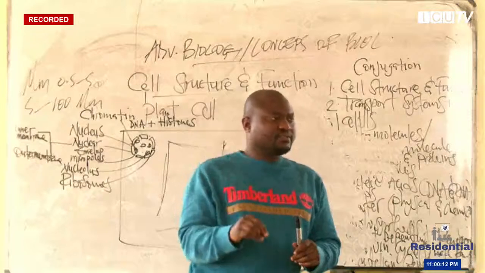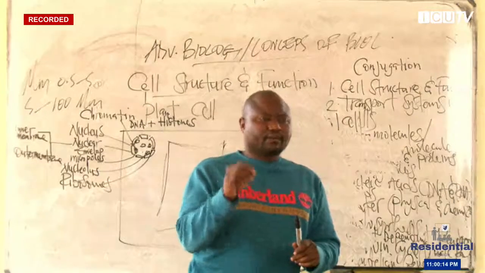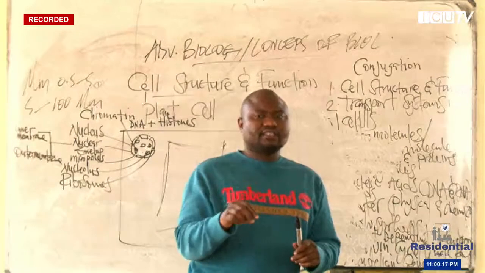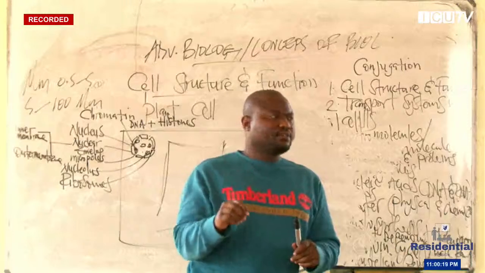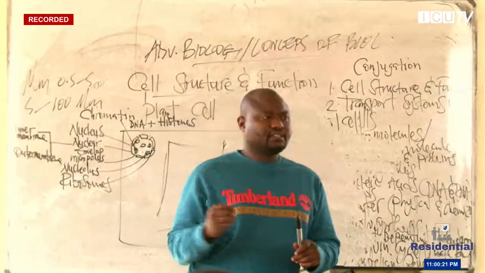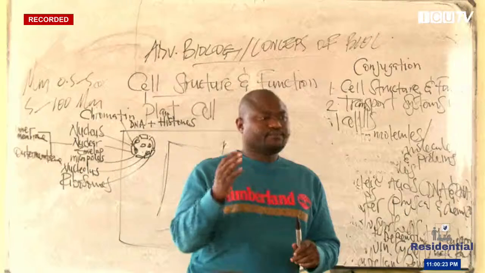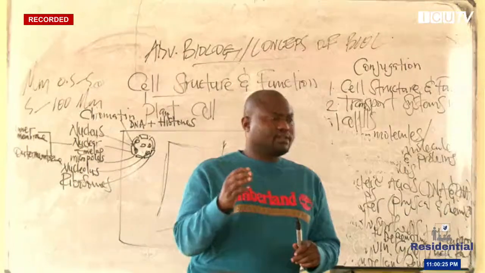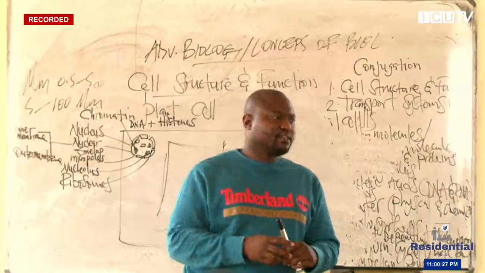In the nucleus. However, in the prokaryotic cells, it is housed in the center dark matter that is known as the nucleoid. So that is the difference between where the DNA is housed in prokaryotic and eukaryotic cells.